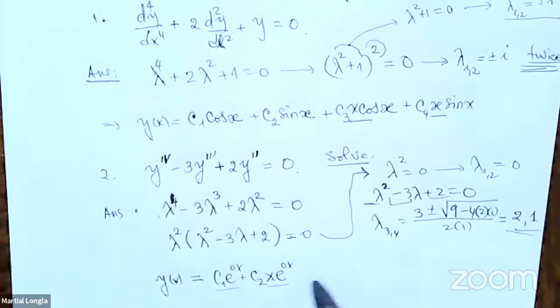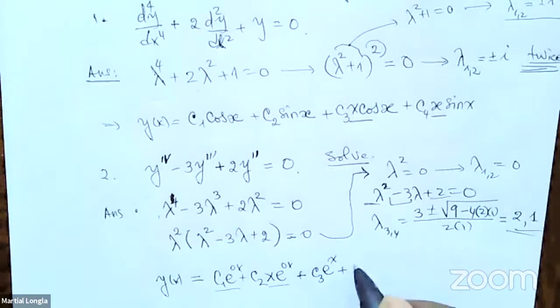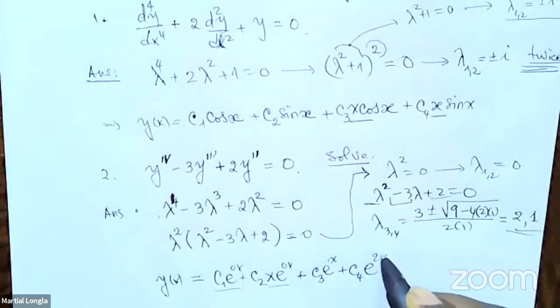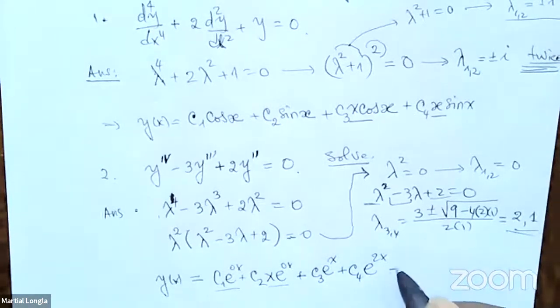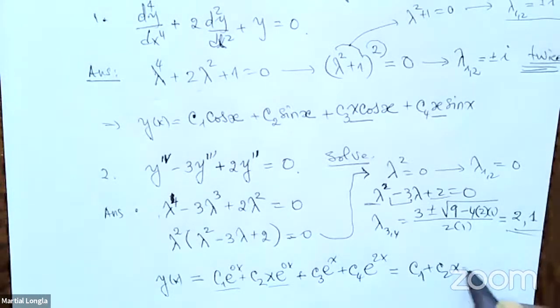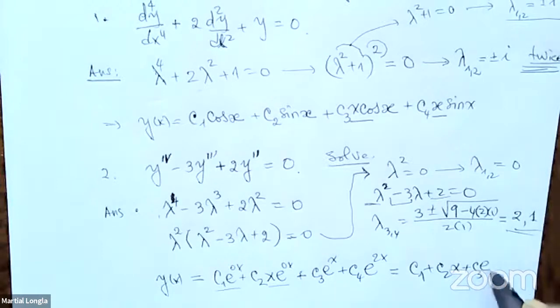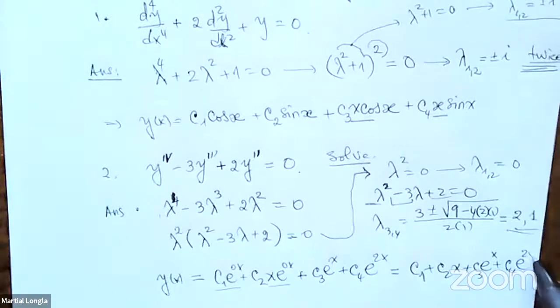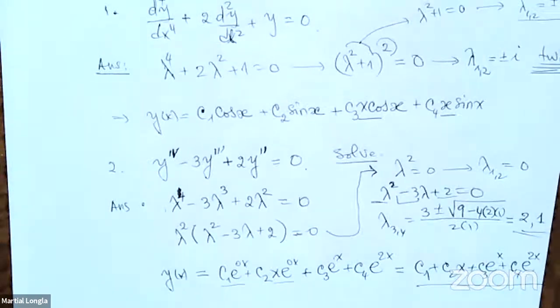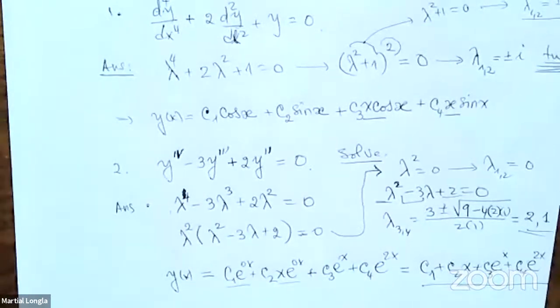And then C3 e to the x, plus C4 e to the 2x, because 1 and 2 are the solutions to the other quadratic. That's right. So you get C1 plus C2 x plus C3 e to the x plus C4 e to the 2x. And that's it, that's the final answer. And you go free, no questions asked, 100%, and everybody is happy. Any questions?